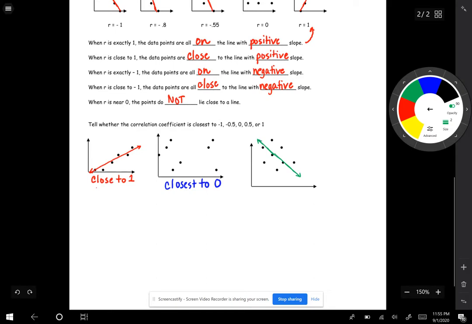And so it is negative, but it's not a really good, strong negative. So I'm going to say this is closest to negative. It's definitely negative, so -0.5 because that was our option.